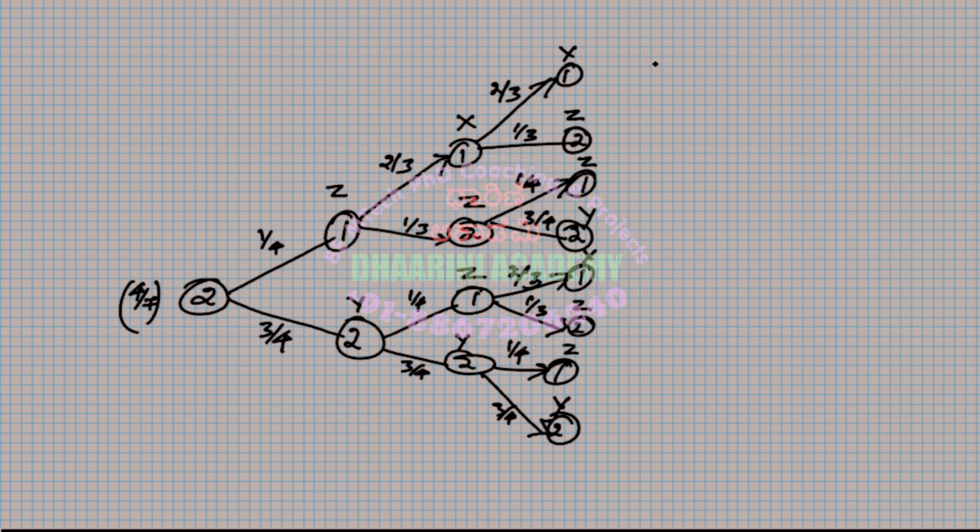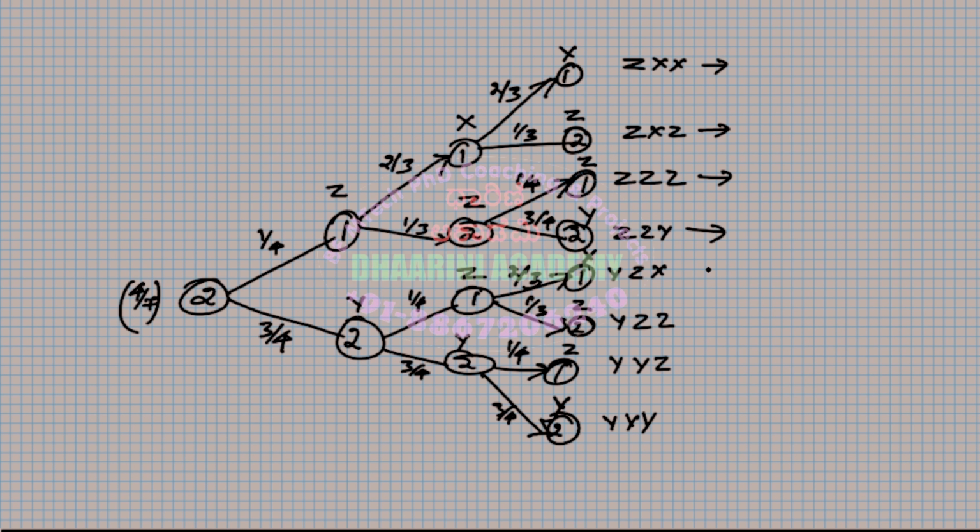So here I'm going to get ZX, X, ZX, Z, Z, Z, Z, ZZY, YZX, YZZ, YYZ, and YYY. Calculate the individual probabilities. Later on, we'll check if something is repeated, we'll update.